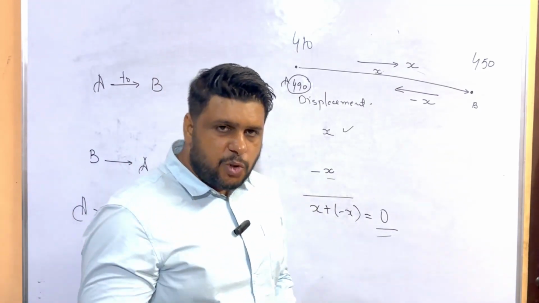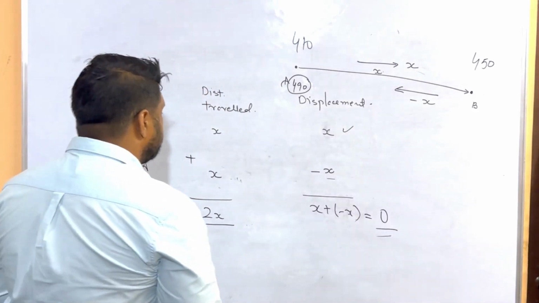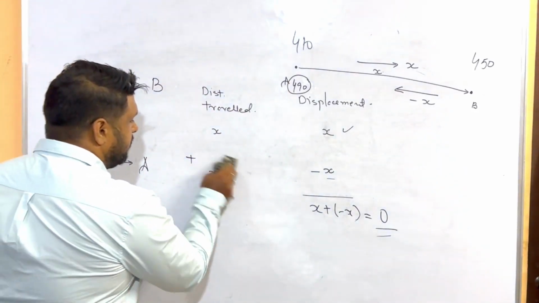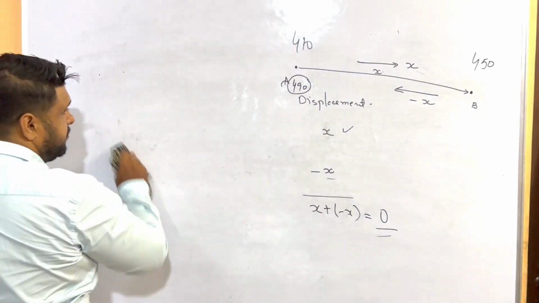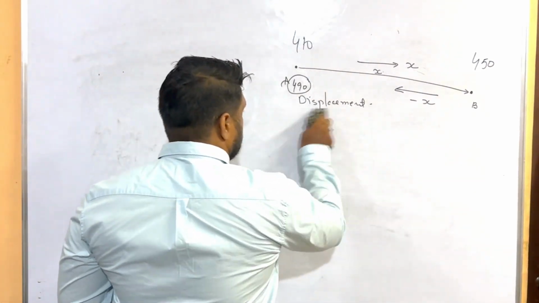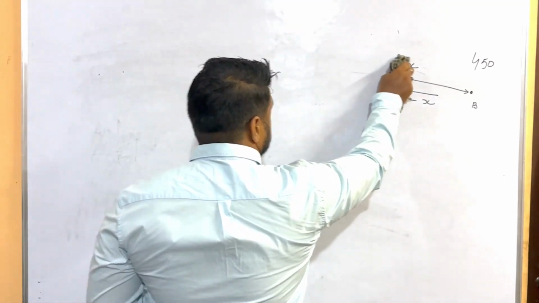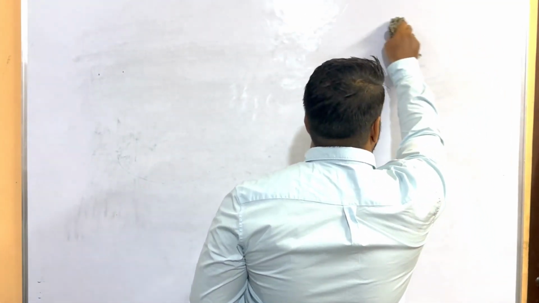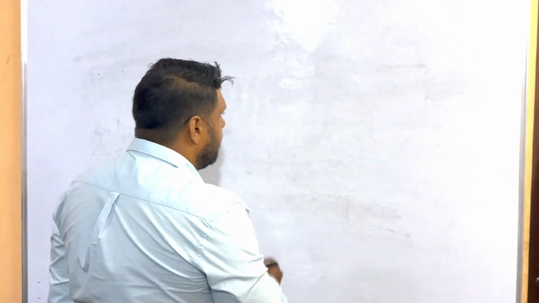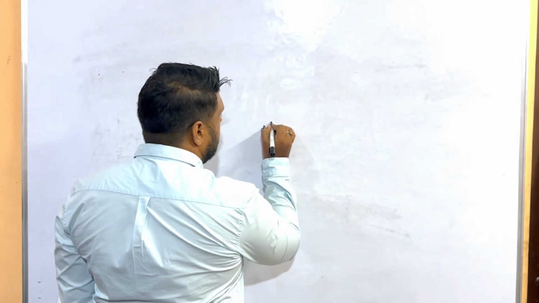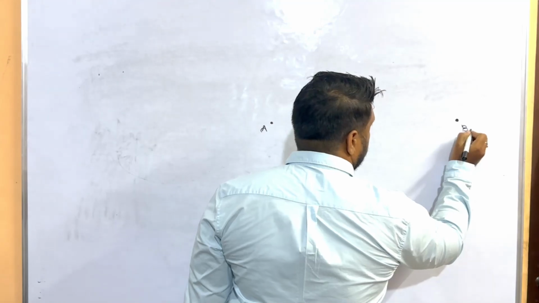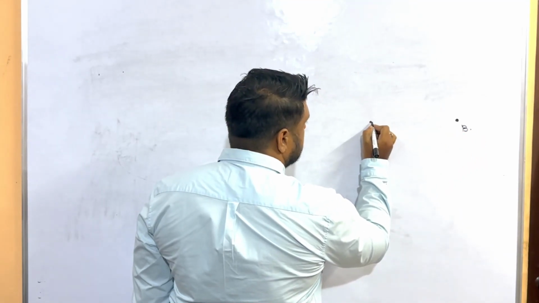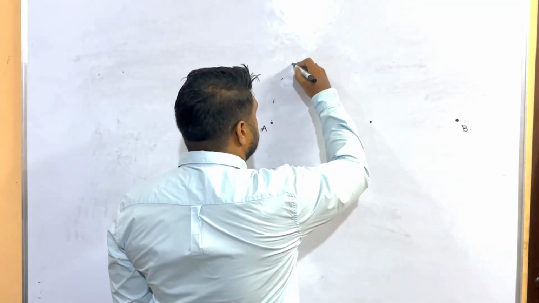Now let's revise all these things, distance and displacement, to see whether you have gotten the point or not. Let's say we have an initial point A here and another point B here, and it is moving in a circular motion.